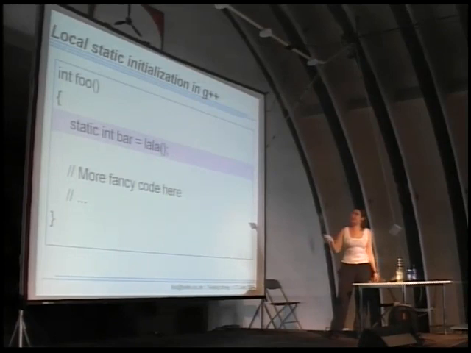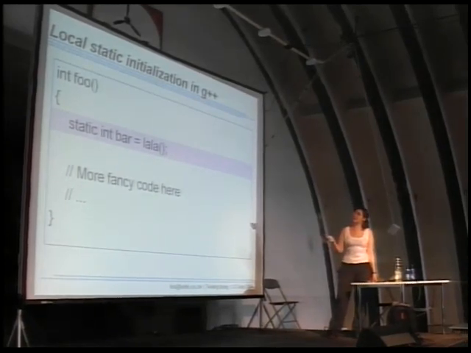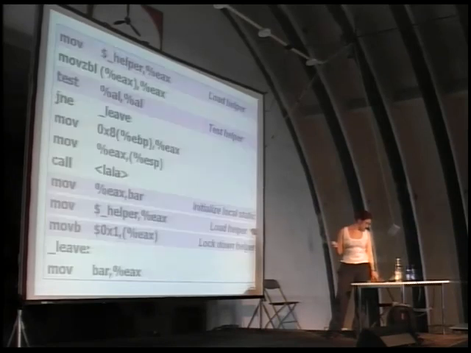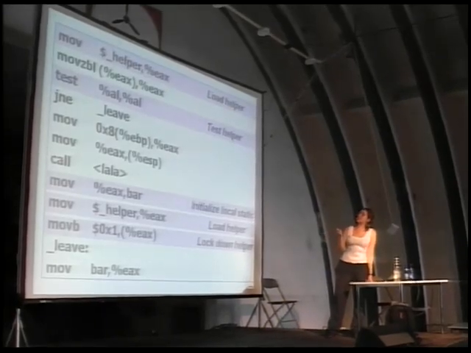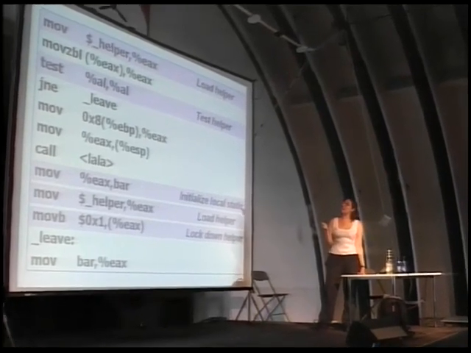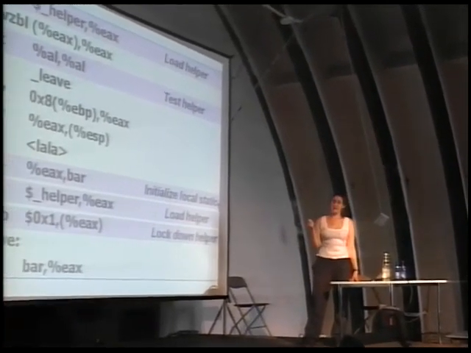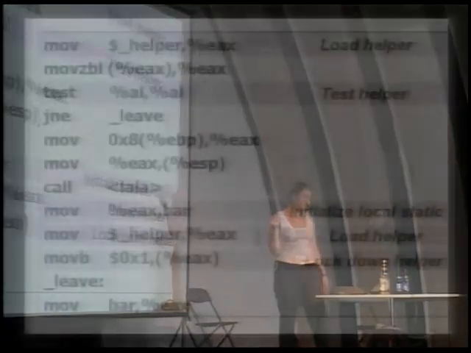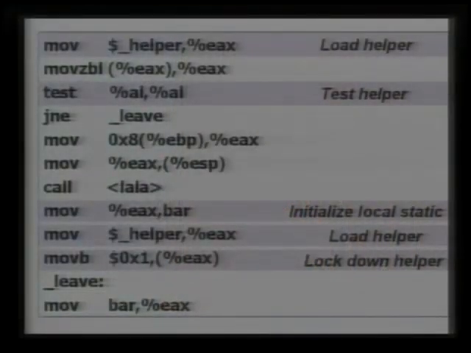So what this says is this is a local static. This gets initialized exactly once, the first time that somebody calls this function. And GCC generates code from this like that. It introduces an extra variable, a helper variable, a kind of flag that says, yeah, it has been initialized, don't bother to do it again.